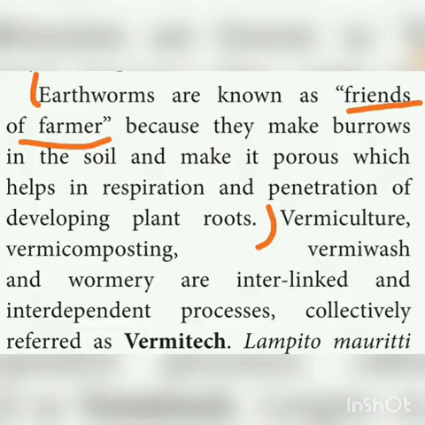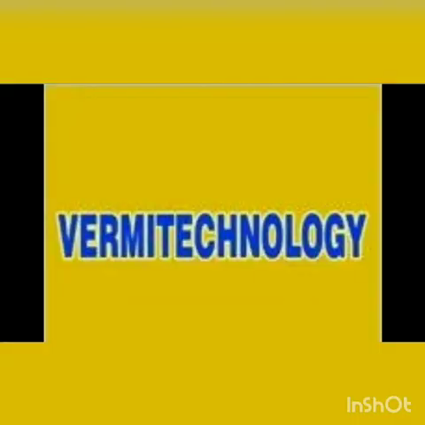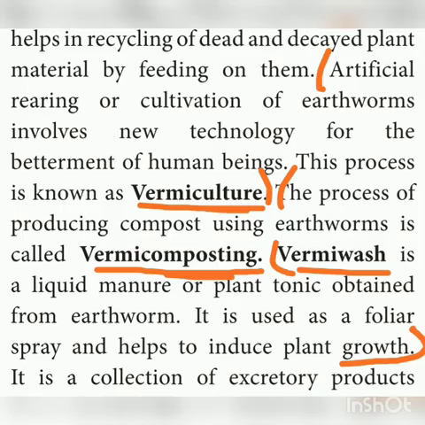So there are various technologies involved in the processing of earthworms. Vermiculture, vermicomposting, vermiwash and wormery are interlinked and they are collectively called vermitech. Lampito mauritii helps in recycling of dead and decayed plant material by feeding on them. So what is vermiculture?